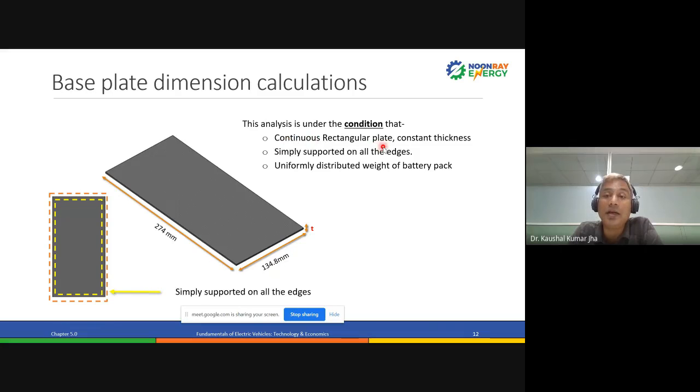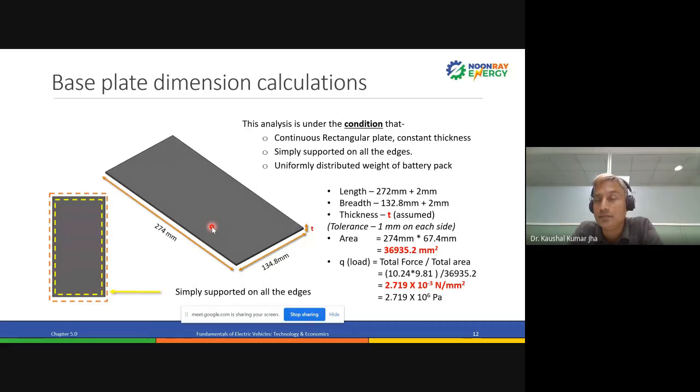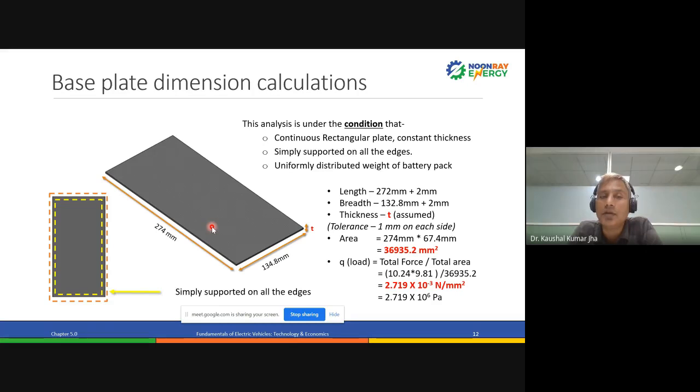So, a continuous rectangular plate, constant thickness, simply supported on all the edges, with uniformly distributed weight of the battery pack. Now once we have a boundary condition and a weight, we can use the design data book, by calculating the area and load, to find out what the thickness of the plate should be.